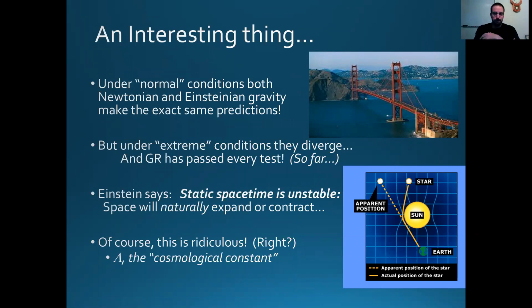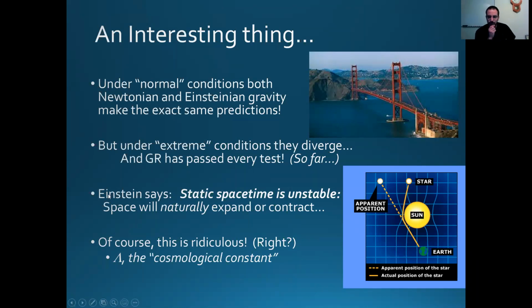Or put another way, you can build a damn good bridge or a damn good airplane using Newtonian mechanics. And Newtonian mechanics turns out to be way, way simpler than doing everything using Einstein's model. So for that reason, we typically still use Newtonian mechanics unless it's really necessary to go into general relativity. And that's what happens under these extreme conditions. So we're talking about black holes, neutron stars, things like that.